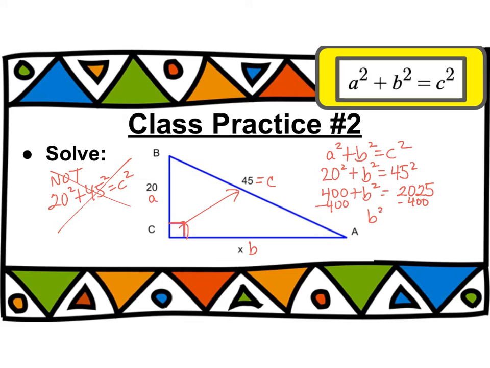And now I have a statement that says b squared equals 1,625. We want to undo the square, so I'm going to square root both sides. You can hit that on your calculator, and you should get about 40.3. You do want to make sure it makes sense. This is my leg, which is smaller than my hypotenuse, so that's okay. We wouldn't want it to be bigger than 45 because then we did something wrong.